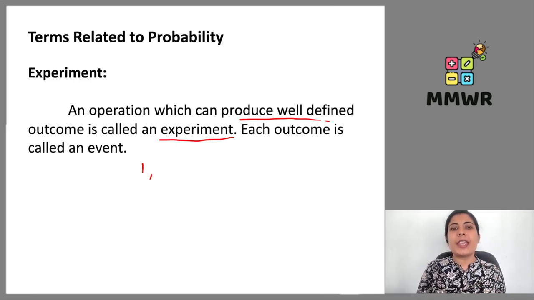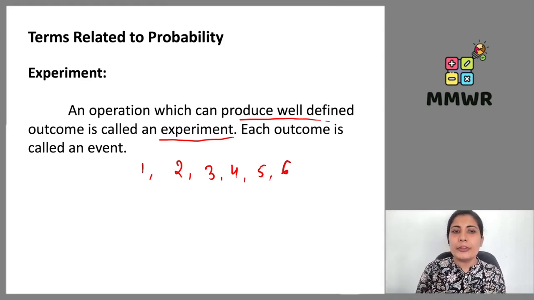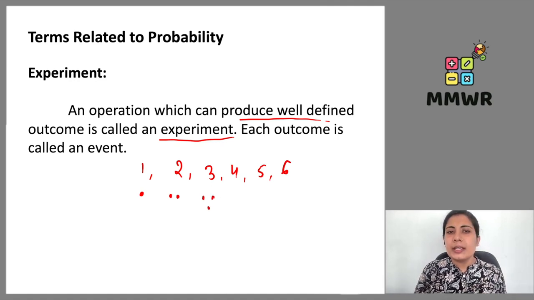On each face we have 1, 2, 3, 4, 5, 6 written, or dots. On the face where we consider 1, only 1 dot; on the face for 2, 2 dots; for 3, 3 dots; 4 dots for 4; for 5, 5 dots; and for 6, 6 dots, right?